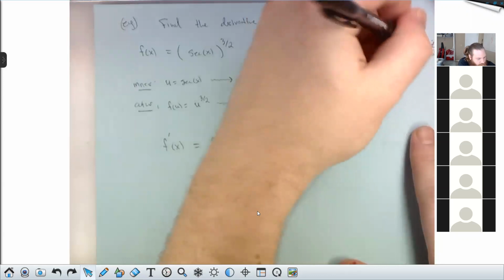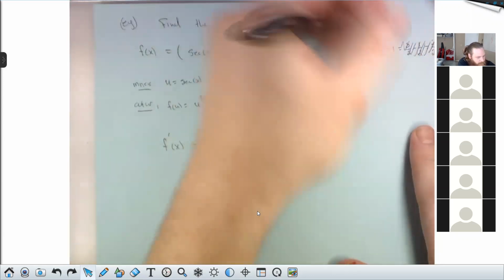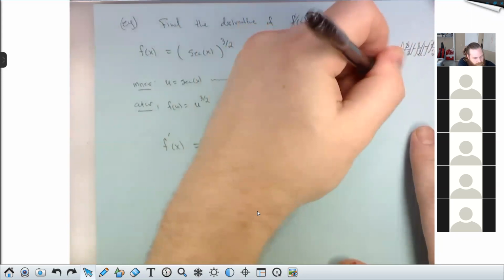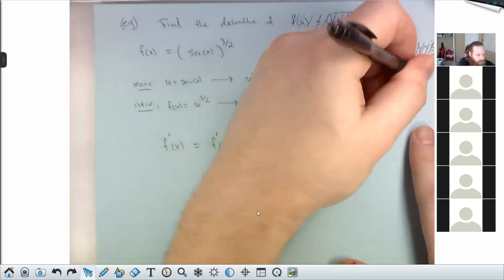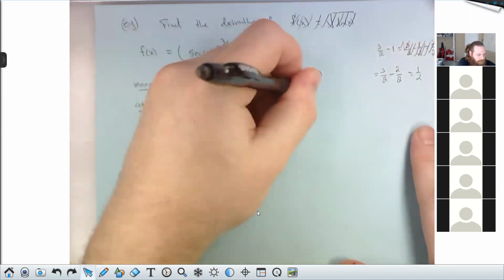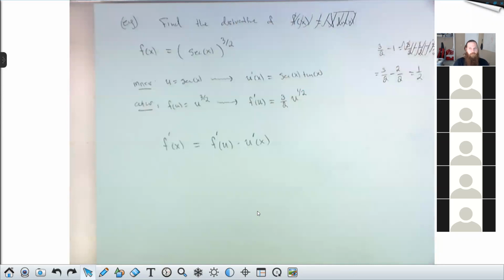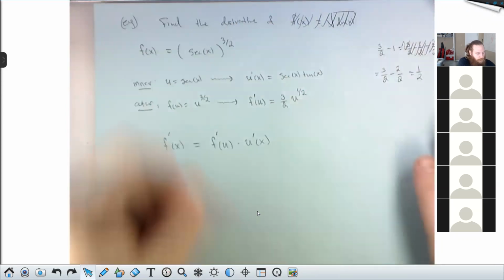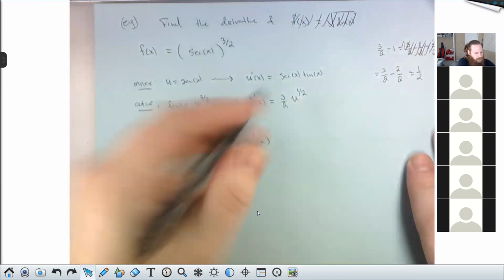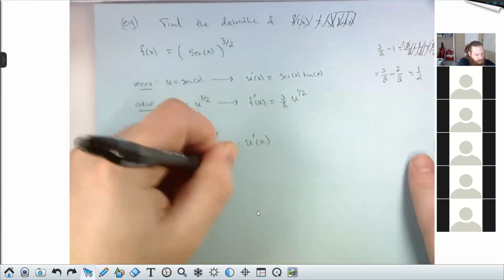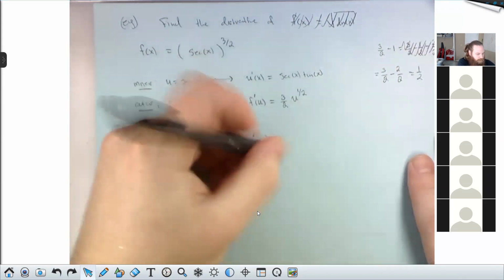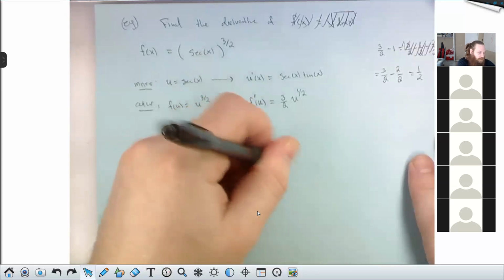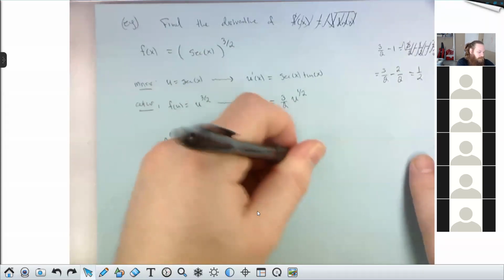We are subtracting 1 from 3 halves, which is 3 halves minus 2 halves, which is 1 half. All right. So f primed of u is 3 halves u to the 1 half, and u primed of x is secant x tangent x.